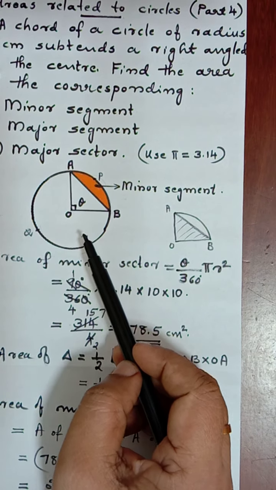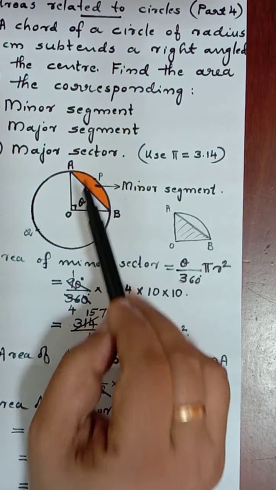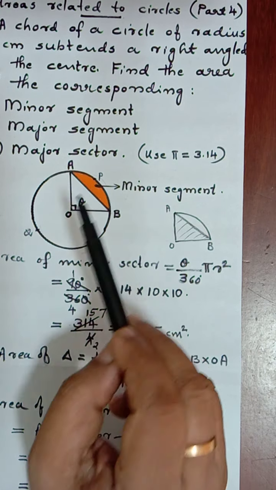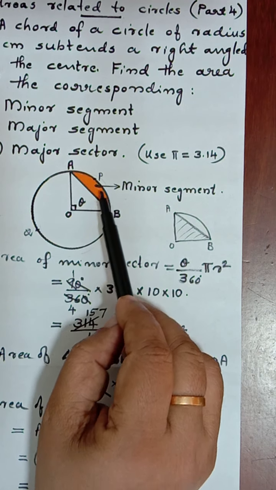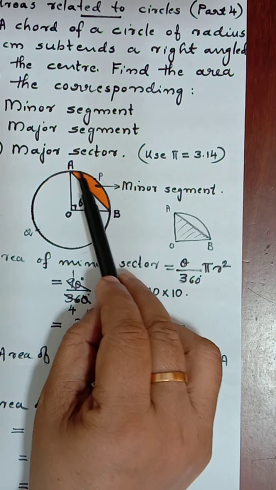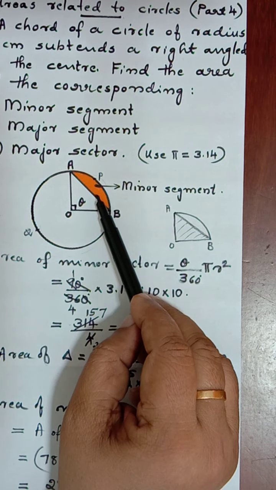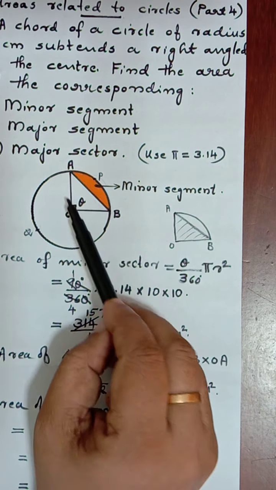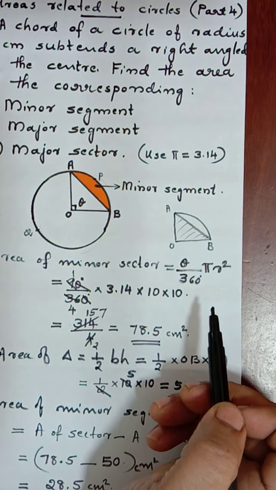It's a part of the circle. From the circle, if you subtract this minor segment, you will be getting the major segment. So complete circle area minus this minor segment area, you will be getting the remaining portion, that will be your major segment.